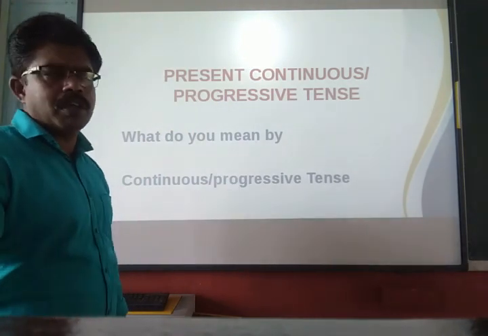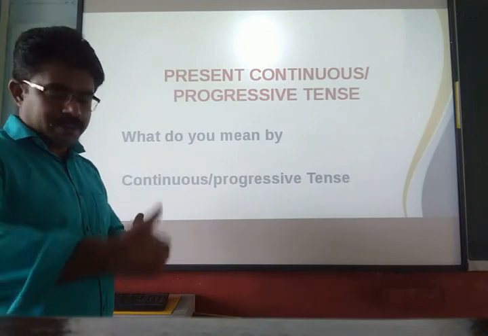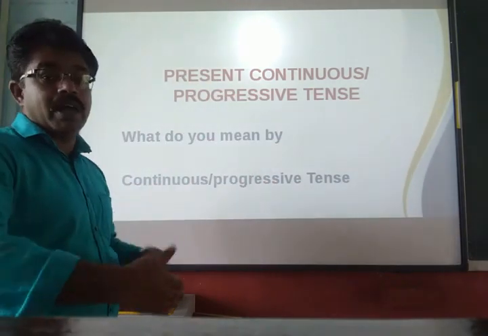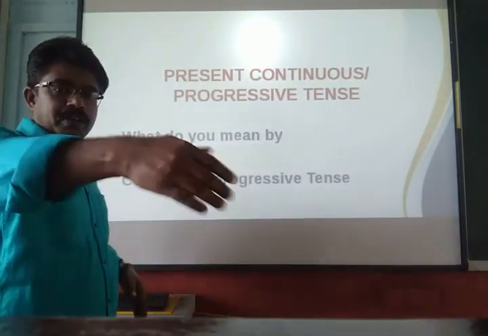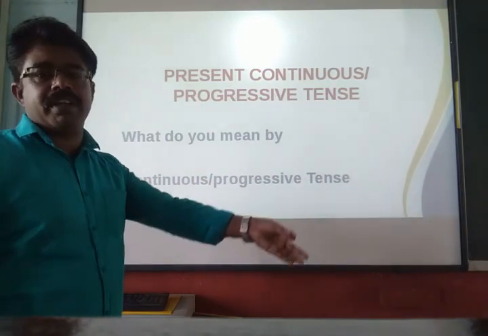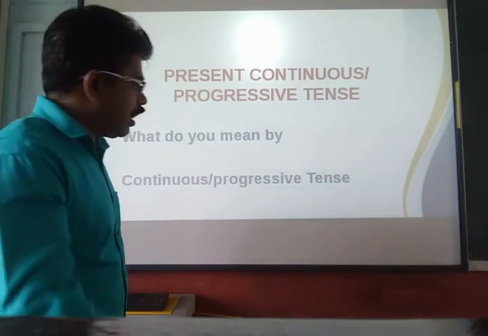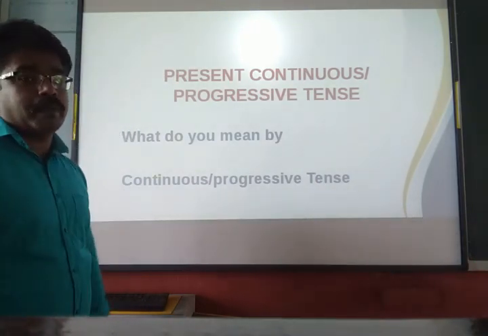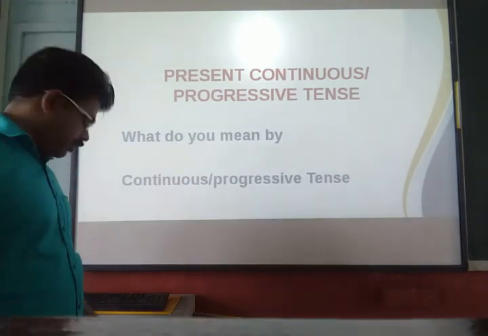Progressing from one stage, it is moving ahead, continuing an activity that is going on. At present, you are learning. I am teaching. So these are activities where continuity is going on. Such kind of expression, when we want to put forward, we use the continuous tense.